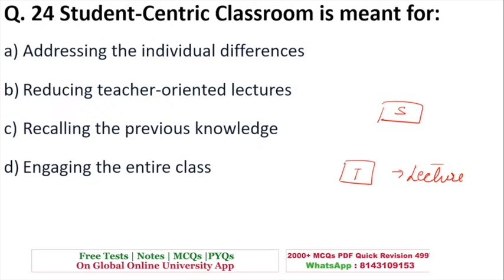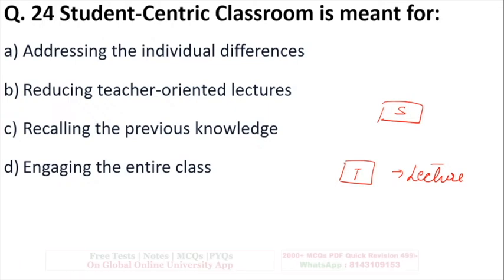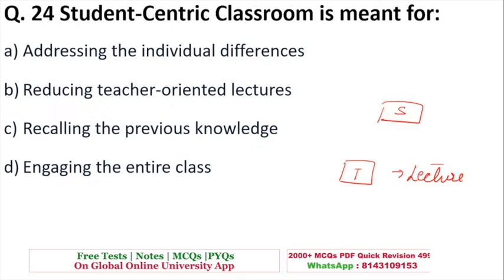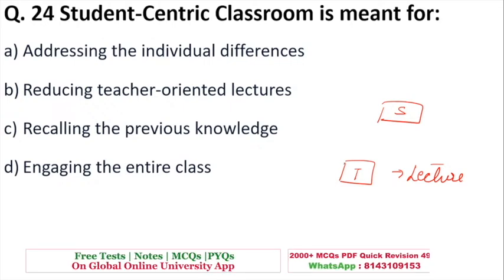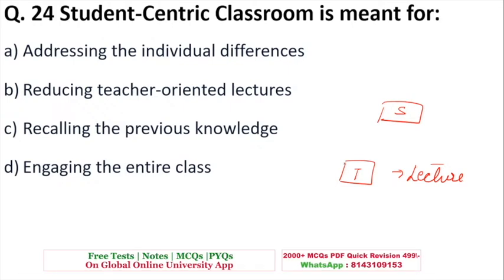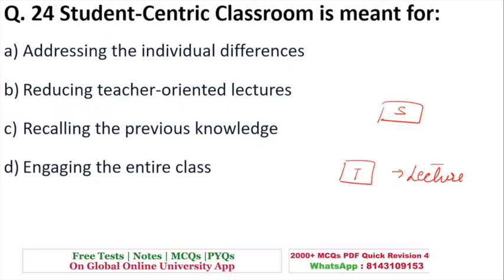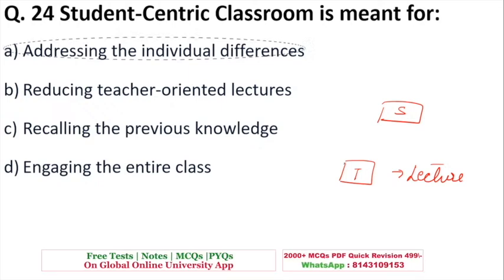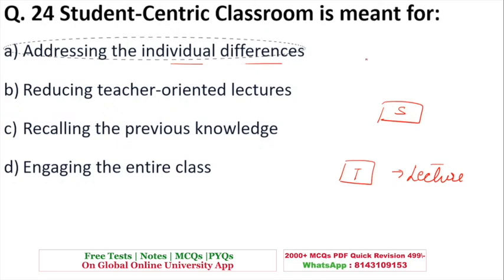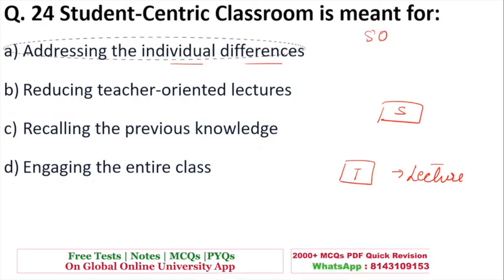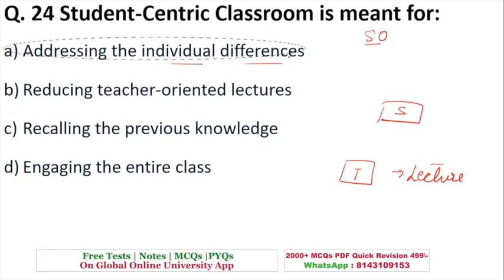But student centric method is when teacher and student both get an opportunity to talk, to discuss. So why is it important, why has the student centric method come? Because it addresses the individual differences. So what are individual differences? It means like if there are 50 students in the class, these students have different qualities.